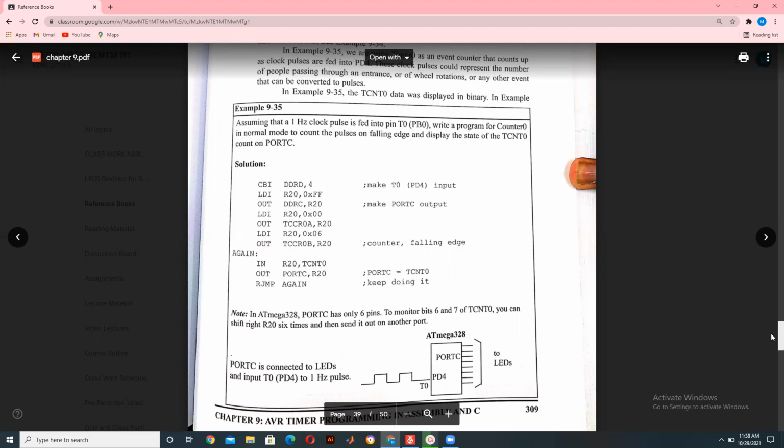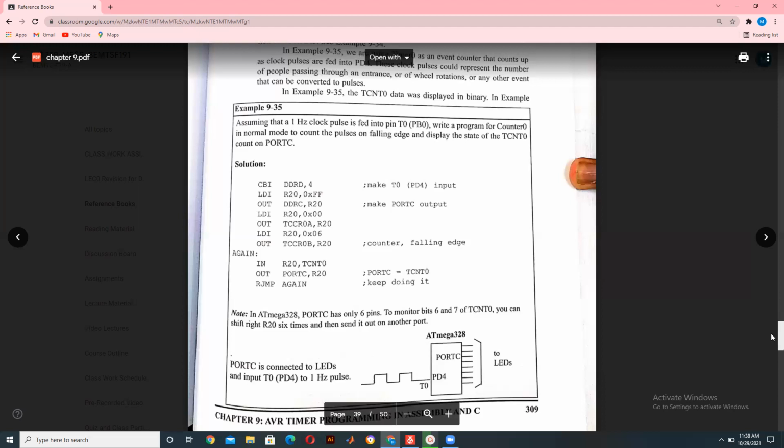Then LDI R20 equals 0xFF, that is the output port, and output DDRC is equal to 0xFF, that makes port C an output port. Then LDI R20 equals 00, and output to TCCR0A from R20.